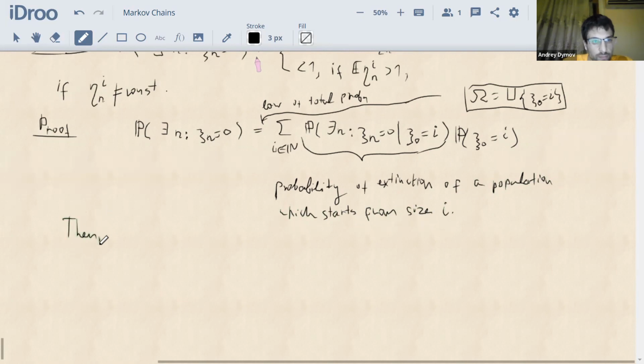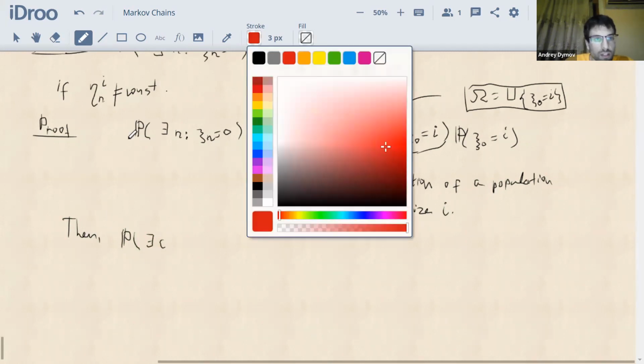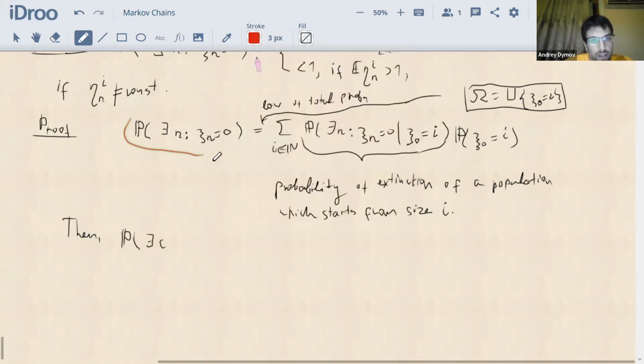Then my probability I'm interested in, let me introduce notation. Let me call this guy epsilon, because I'll write this probability too often.